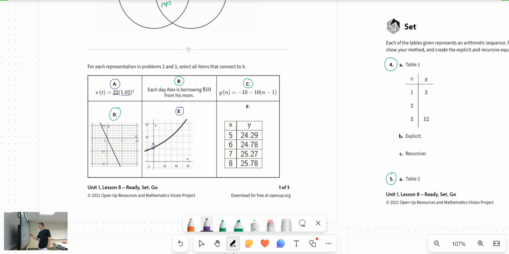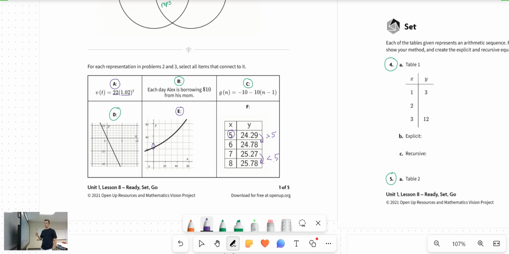And then F, well, notice here that it starts at 5. We don't know what 1, 2, 3, and 4 are, but it looks like the growth is jumping a little bit bigger each time. This jump was a little bit less than 0.5, and this jump was a little bit more than 0.5.